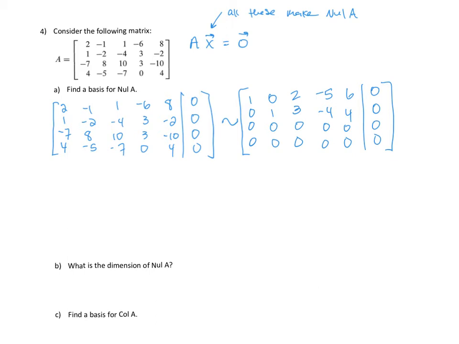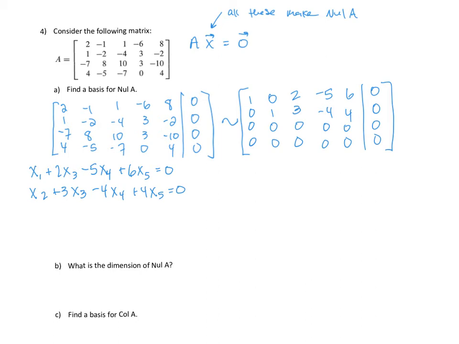That says x1 plus 2x3 minus 5x4 plus 6x5 equals 0, and x2 plus 3x3 minus 4x4 plus 4x5 equals 0. Whoops, that should have been an x5. The bottom two rows just translate to 0 equals 0, so there's no need to write them down.